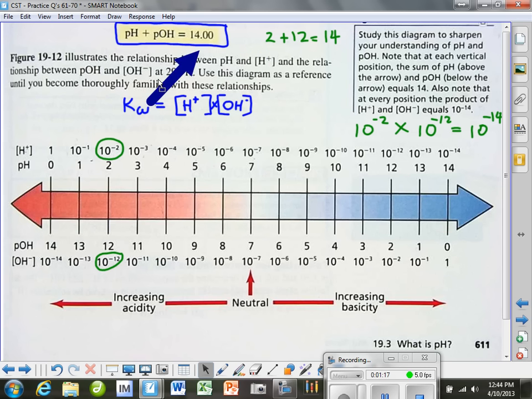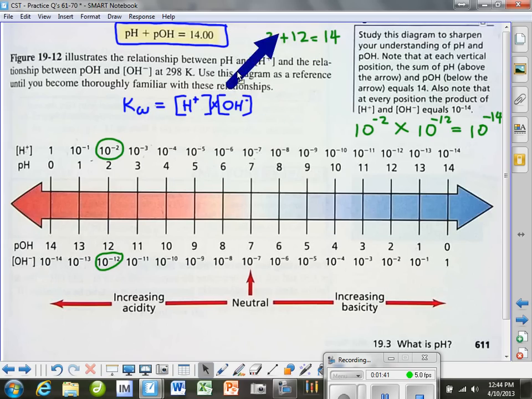So if we look at a pH example that I have listed down here of 2, we see that pH plus pOH is equal to 14. We look here on this chart and we see that the pH is 2, the pOH is 14. Or, I'm sorry, is 12. And together they add up to 14.